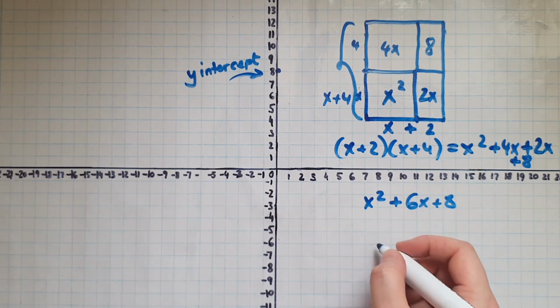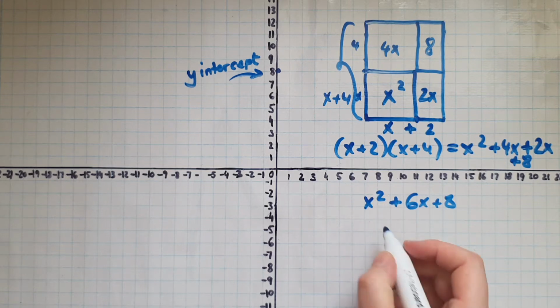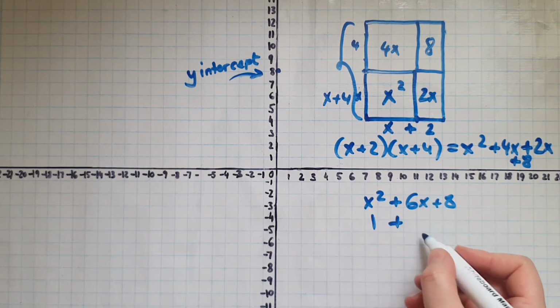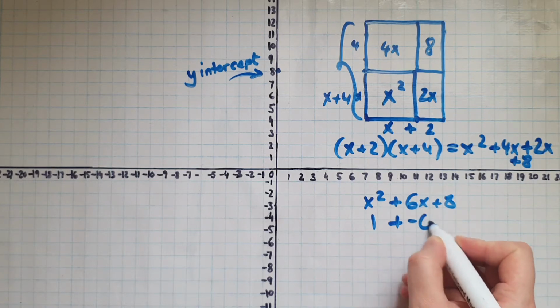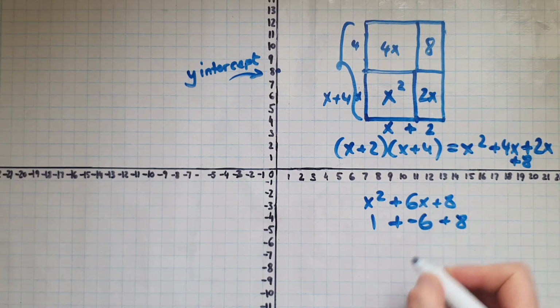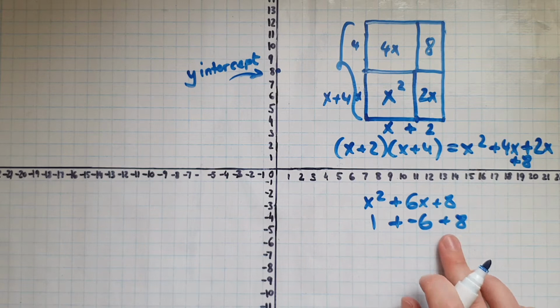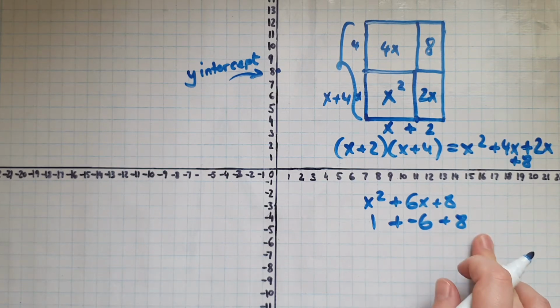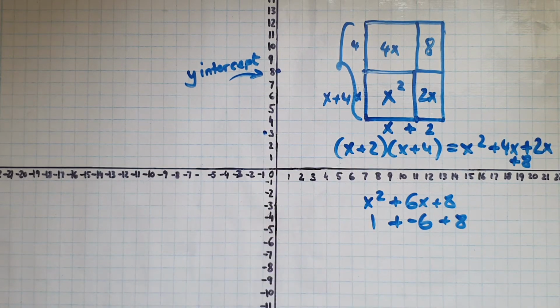When x is negative 1, we get negative 1 times negative 1 gives us 1, plus negative 1 times 6 is negative 6, plus 8. So 1, take away 6 gives us negative 5, and adding 8 to that gives us 3. So negative 1, 3 is another point.